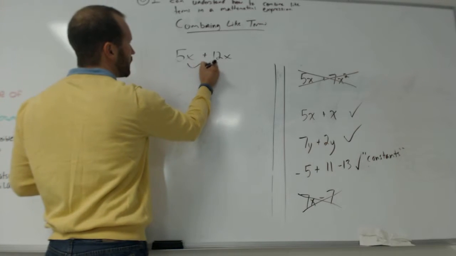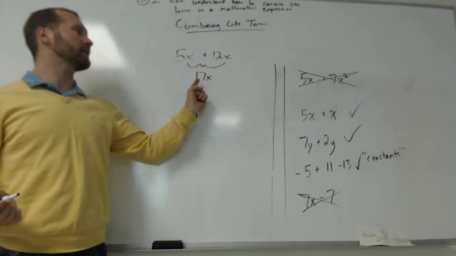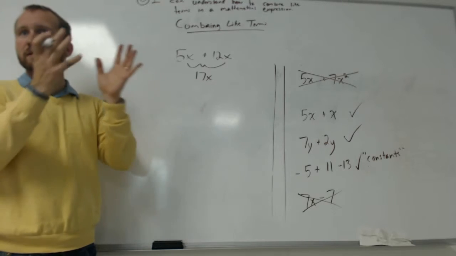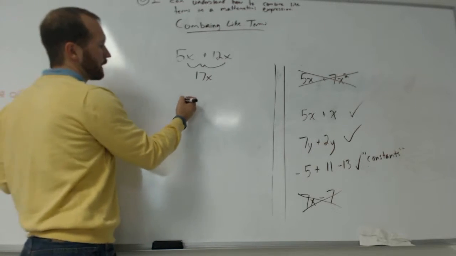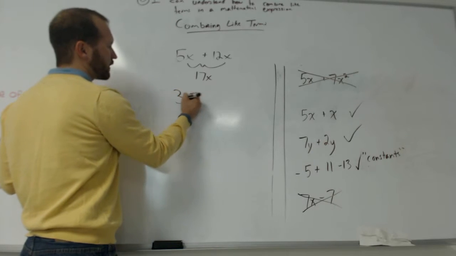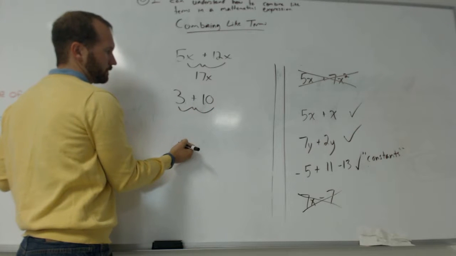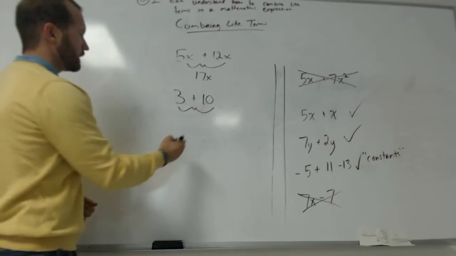Yeah, I have a total of 17 x's. So 5x plus 12x becomes 17x. Like terms combine together by adding, not by multiplying. So if I have 3 and 10, what does that become? 13.